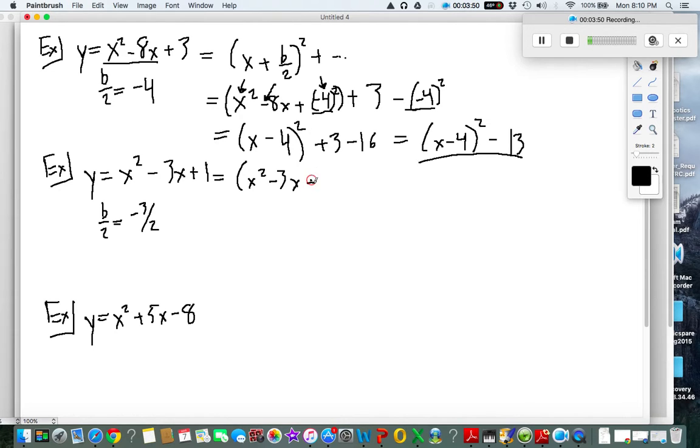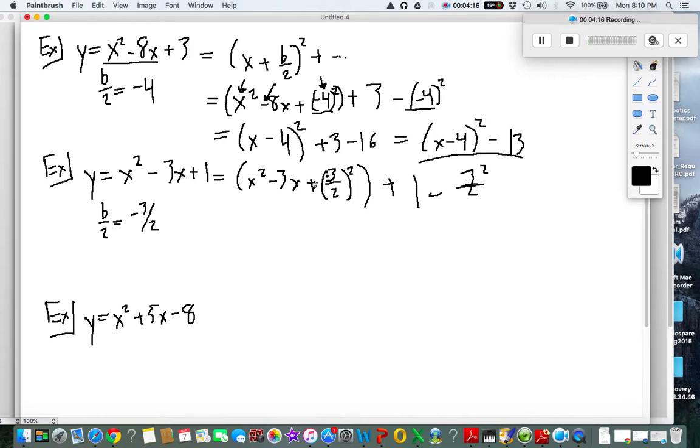And then we're going to add this 3 halves squared. But because I changed the value of this, I need to turn around and subtract that 3 halves squared.